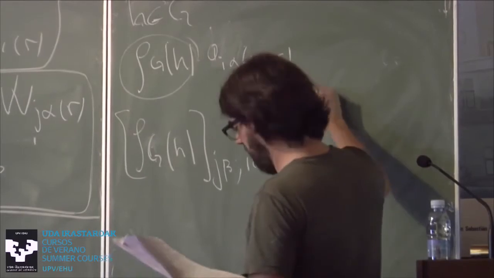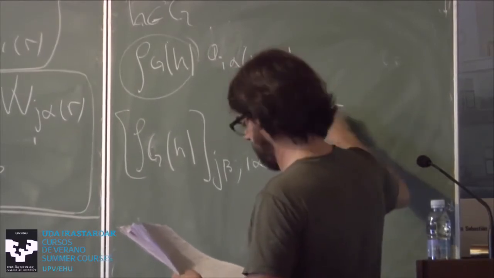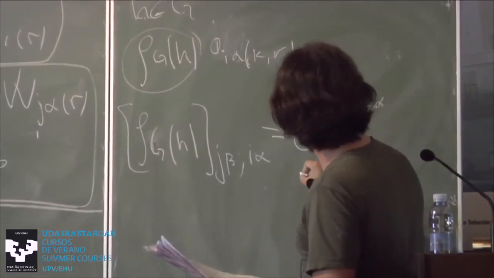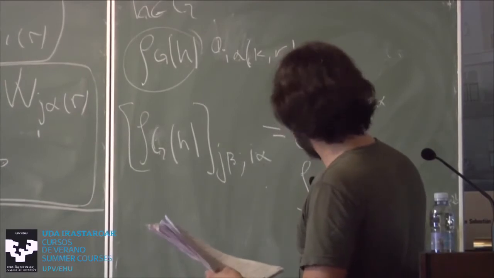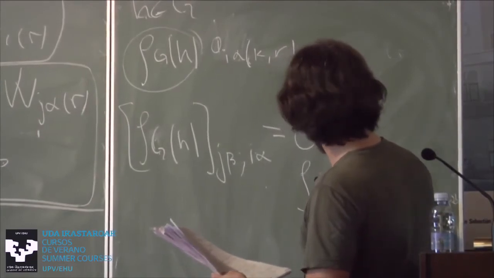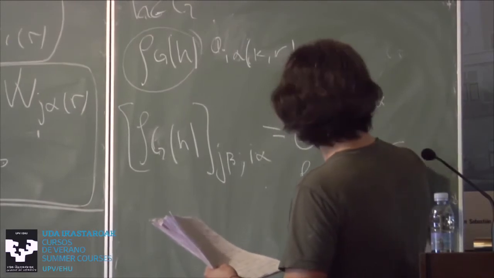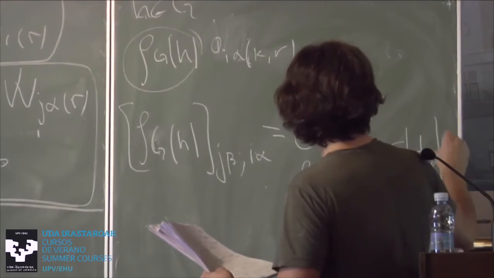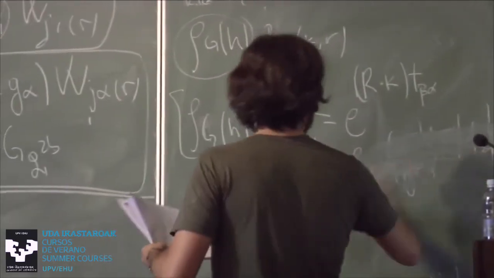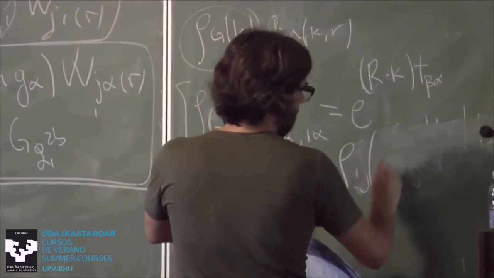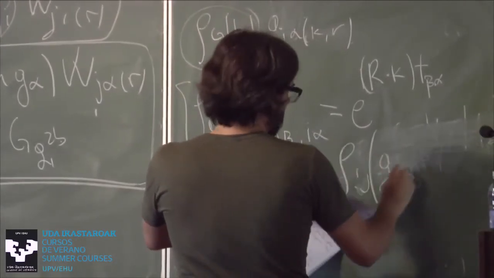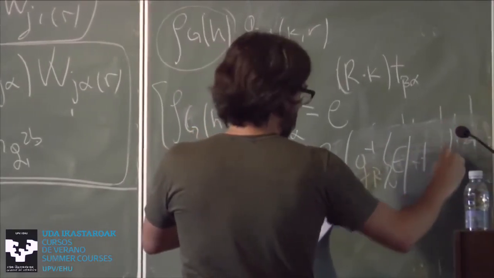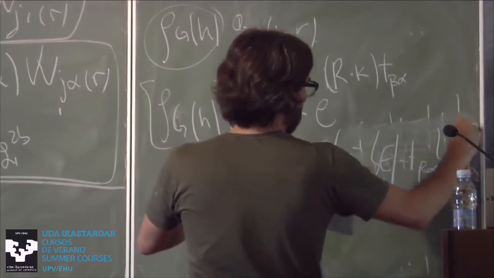So this is e to the i k dot some translation vector that I can give you, times rho ij, g beta to the minus 1, identity minus t beta alpha, h g alpha.